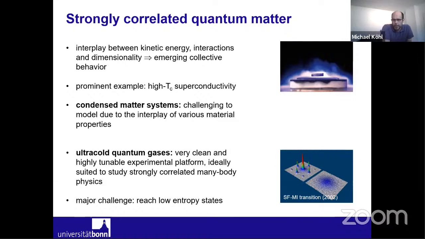So we're talking about energy scales which are maybe in the percent range of the Fermi energy. And we're currently driven to bring the temperatures and the entropies lower. But currently we're in this range, but I will still show you that we can see interesting effects even there, such as quantum magnetism, which is a particular topic of this talk.